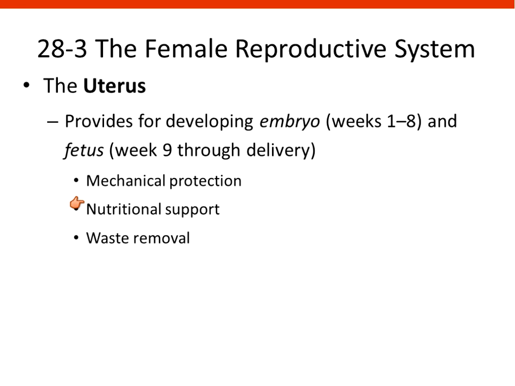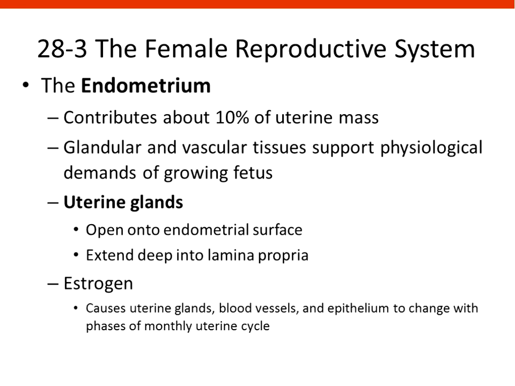We talked about in lab how you have that functional layer and that basilar layer right behind it. The functional layer is the part that you lose during menstruation, if you're fortunate enough to have a uterus. The endometrium consists of about 10% of the uterine mass.